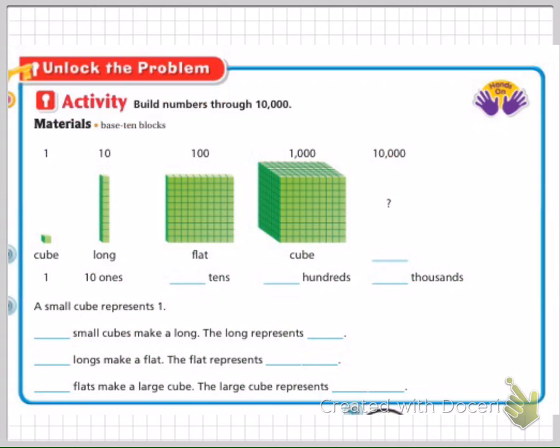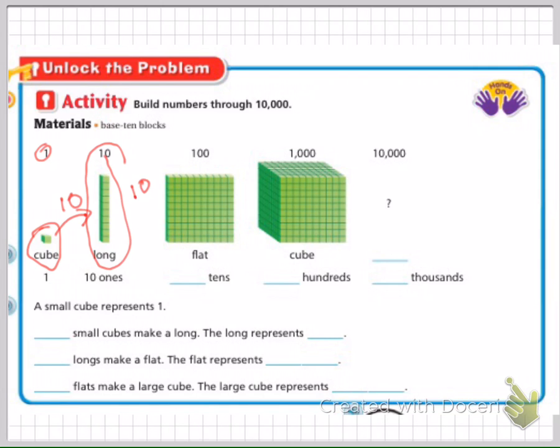Here we're looking at our base 10 blocks. Looking across the top, we have 1 cube. That equals 1. Then we took 10 of those and made a long, equaling 10, because I've got 10 ones on it.